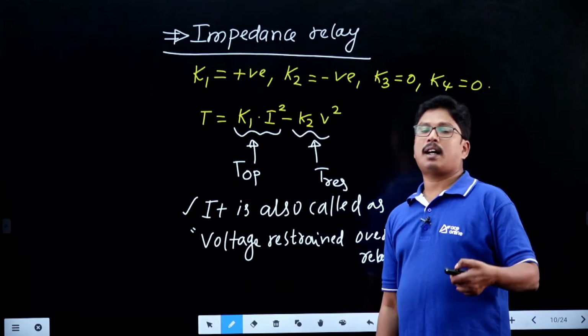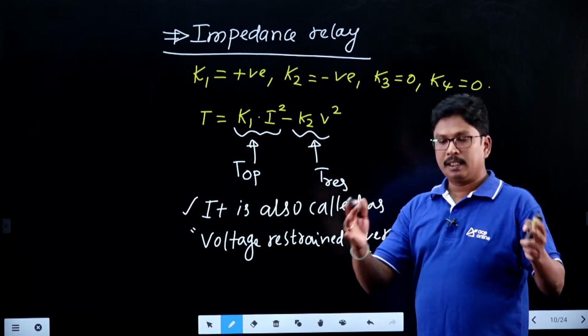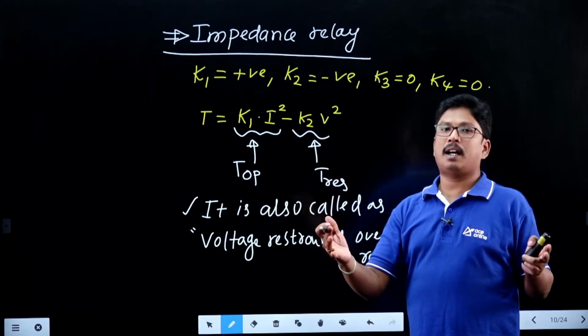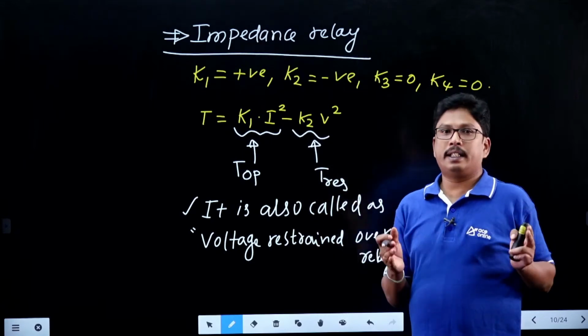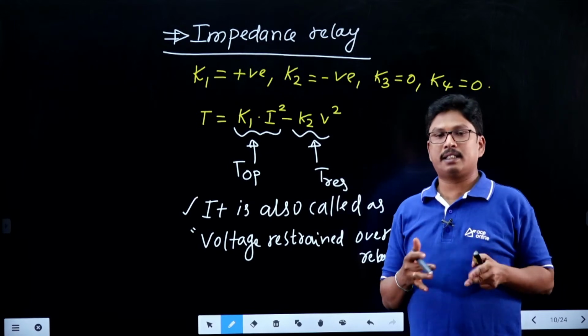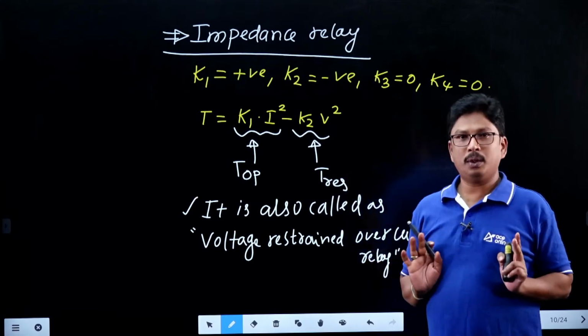So these relays always operate based on the set distance. They will calculate the impedance or the V by I ratio in the set distance. So based on that distance or based on that set impedance value, they are going to operate.